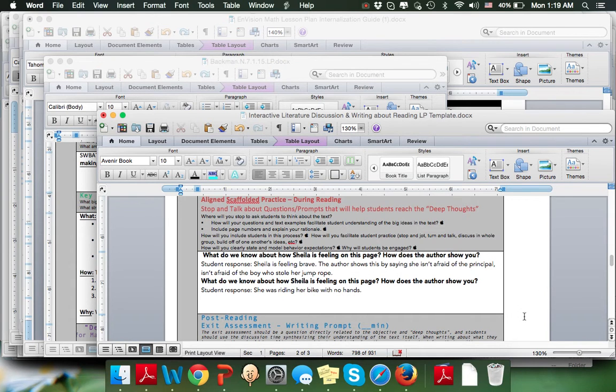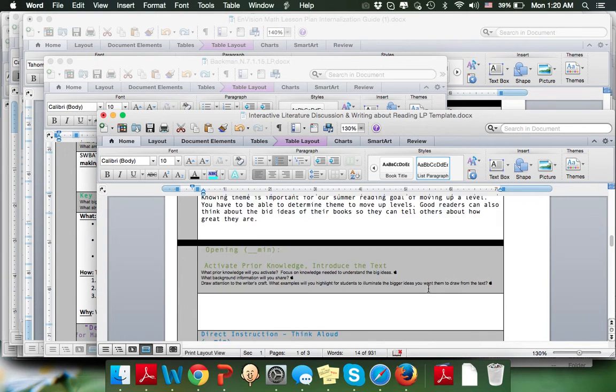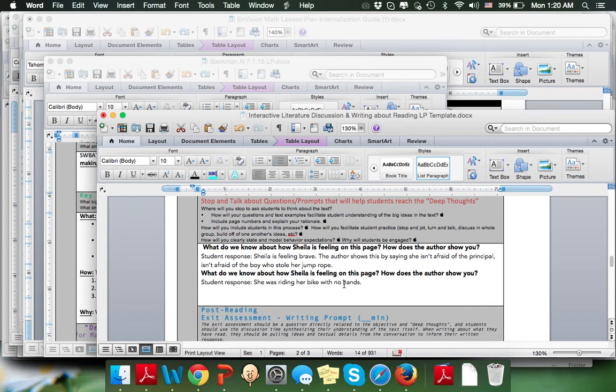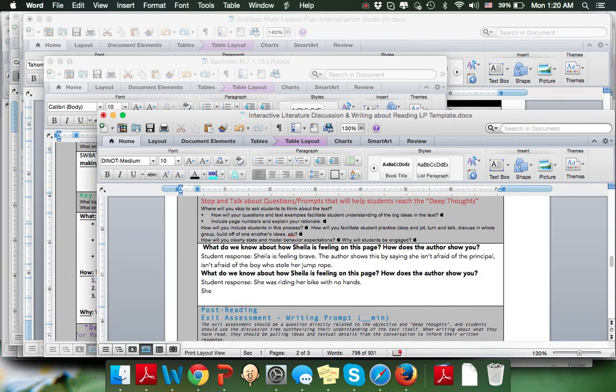So then I'm going to jump to the next key point. I'm going to say, we thought about her thoughts, feelings, and actions. Now I want to think about what those thoughts, feelings, and actions tell us about Sheila. So I'm going to prompt them to do that. I'm going to say, Sheila Ray was doing lots of scary things.